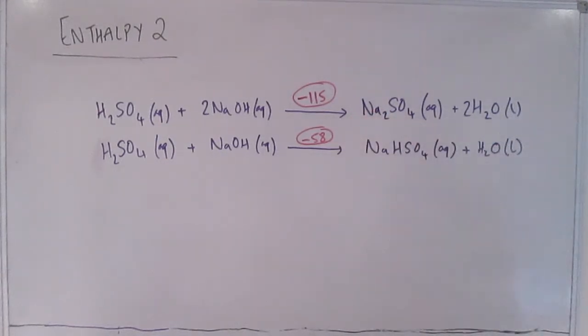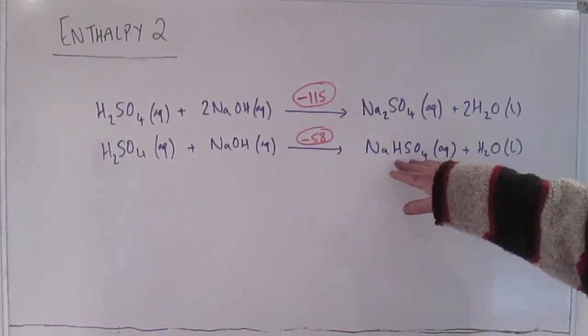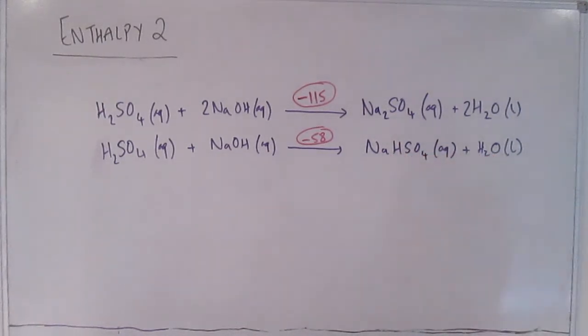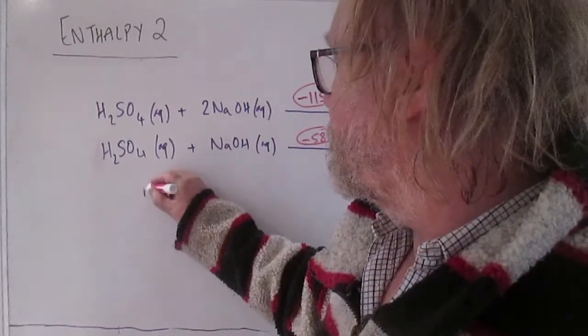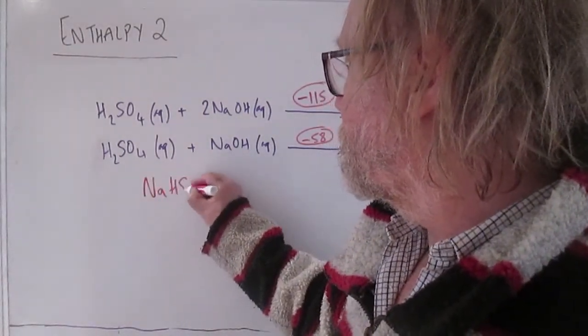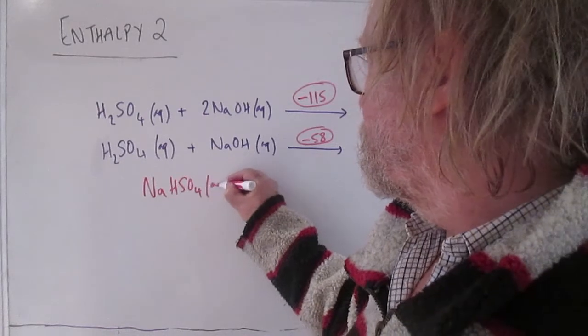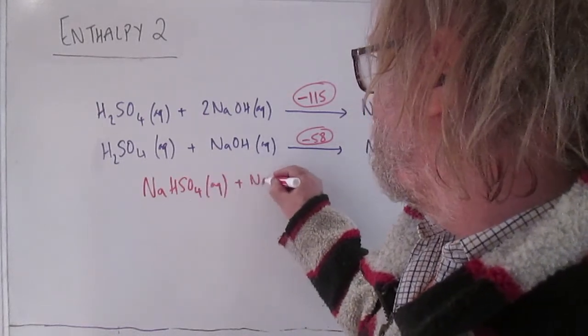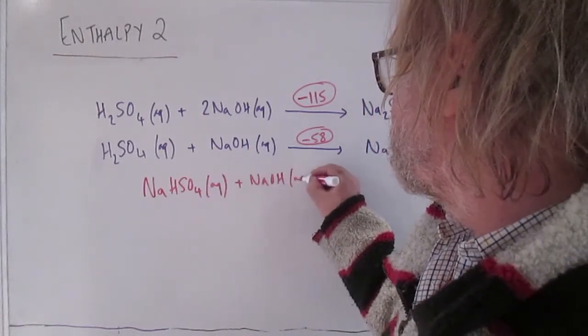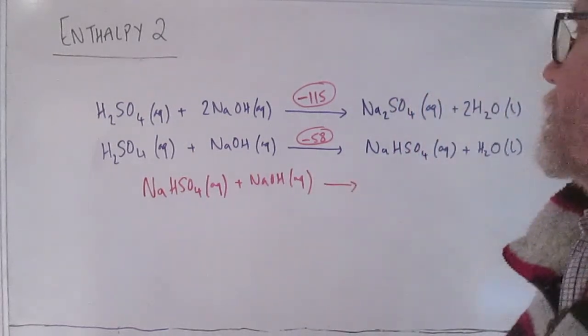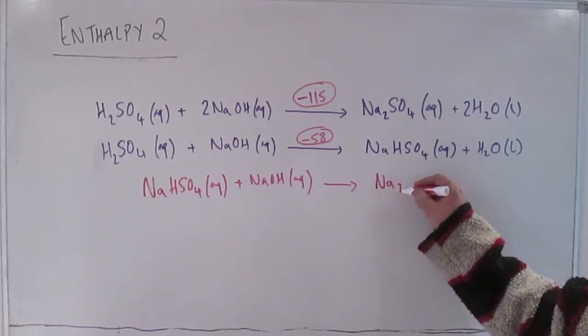And if you measure delta H for that reaction, you find that it comes out to be minus 58 kilojoules per mole. So a question you might reasonably ask is, well, what if you then do the second leg and take your NaHSO4, product of that reaction, and add the second NaOH to it to make Na2SO4 and another water.